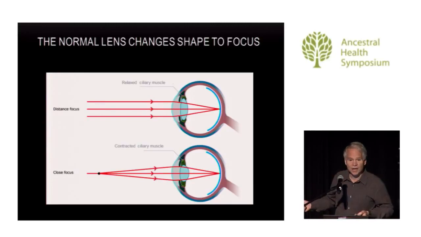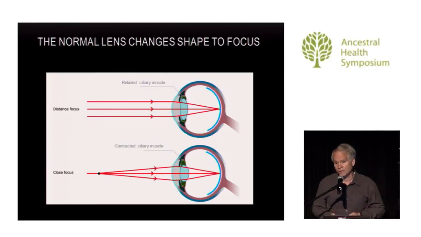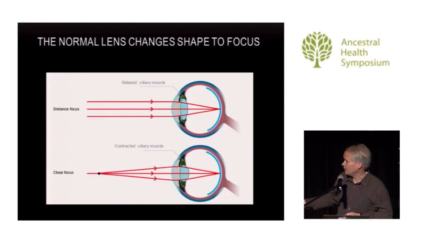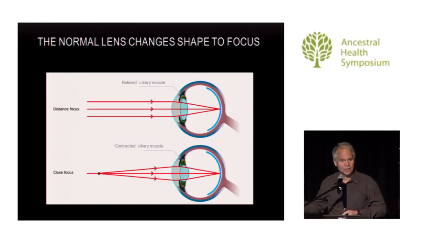Now, when you're looking at distant objects and most of the rays are coming in parallel, the lens is fairly flat, and so there's not much focusing needed. However, when you're focusing close up, the lens actually has to expand and become more curved. And just like with a magnifying glass, you'll tend to be able to focus the light. Now, a healthy eye can go back and forth between those two focusing states rather easily.